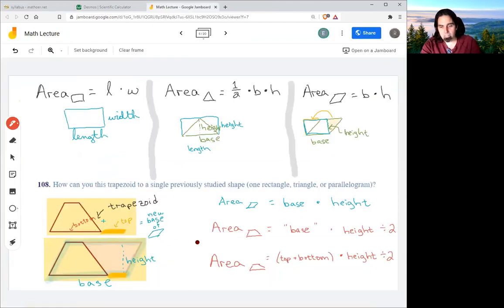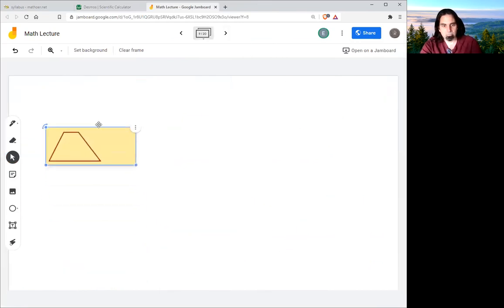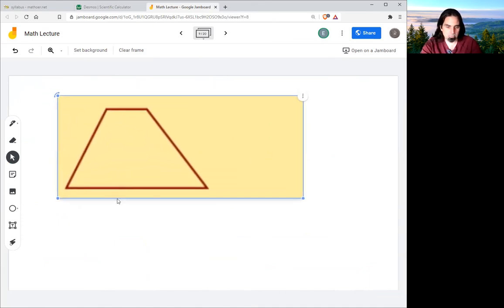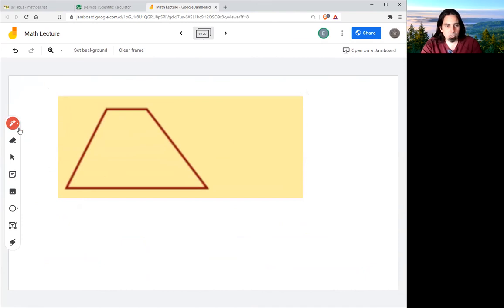So the reason that this isn't terribly important is whenever I have a trapezoid, let's make it bigger. Let's say they gave you measurements of, this is 8, and this is 3, and this is 7, and this is 6, and that is 5.